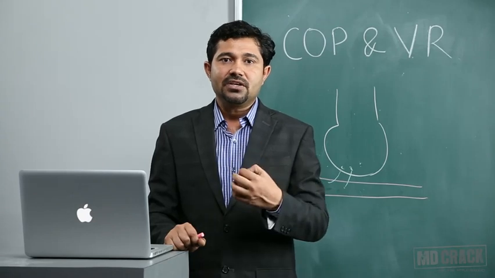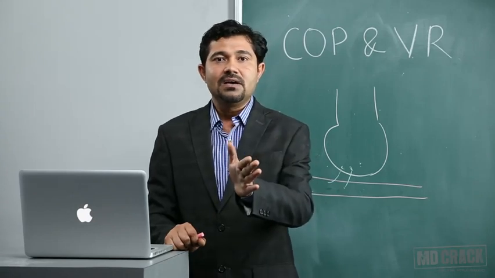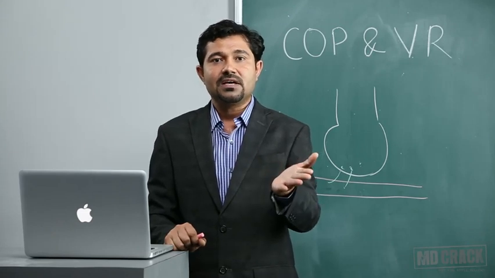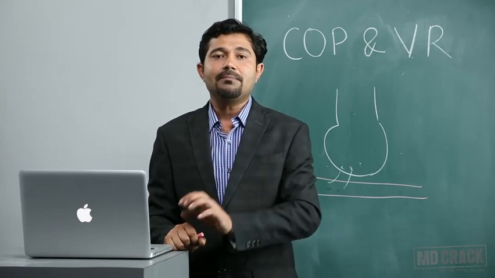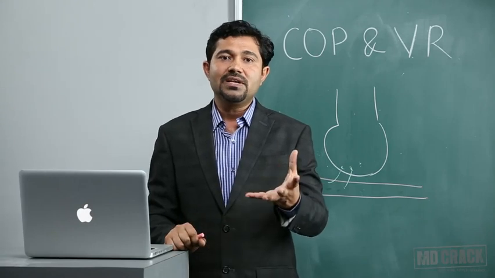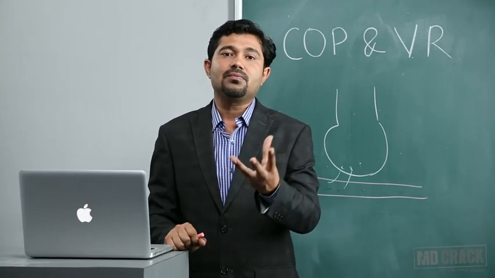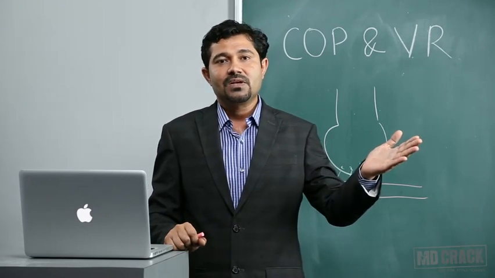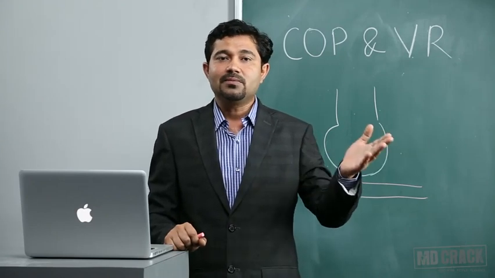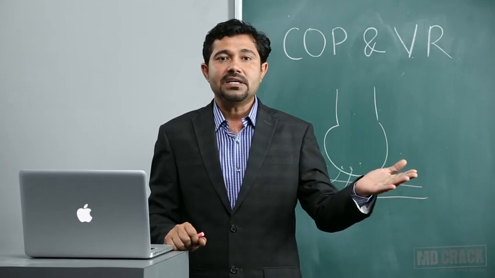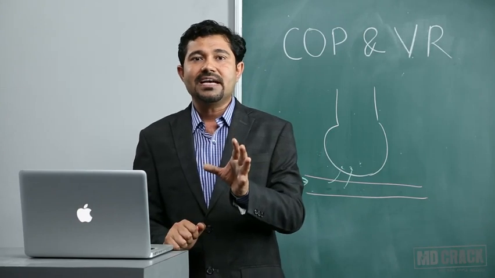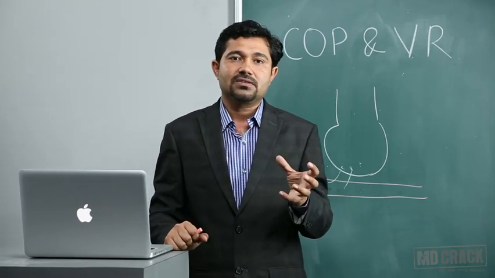So venous return is continuous, and 0.5 liter has been left from the previous minute's cardiac output. So what will happen? The end diastolic volume will increase, and this itself will increase the force of contraction, and now the cardiac output can be increased. So whatever loss there has been of the cardiac output can be compensated back. So up to a limit, cardiac failure can be taken care of by Frank-Starling's law.